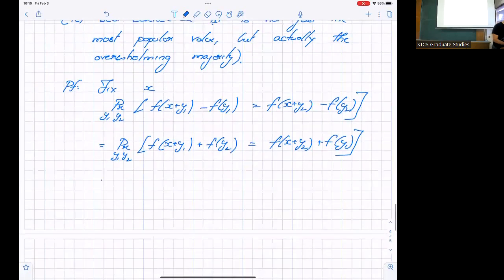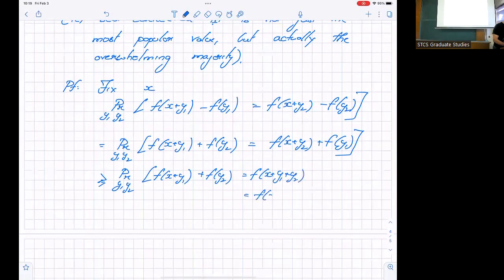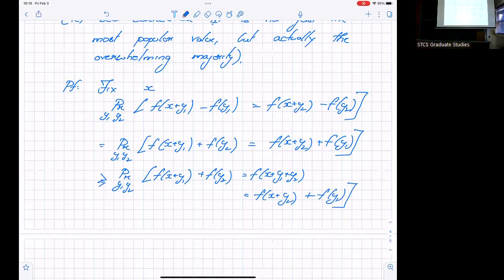This is certainly at least the probability over y1, y2 that f of x plus y1 plus f of y2 equals f of x plus y1 plus y2 equals f of x.